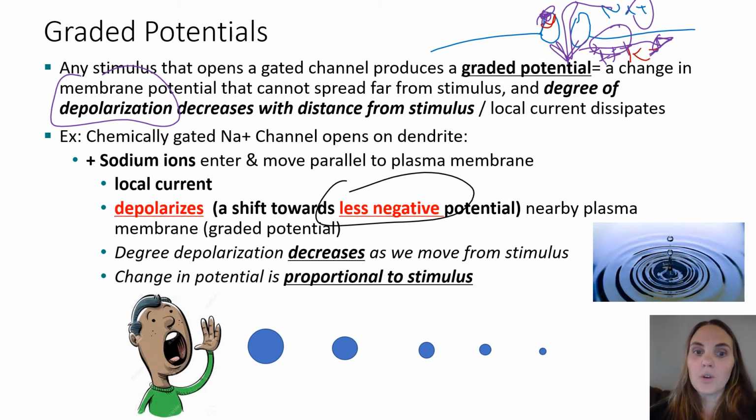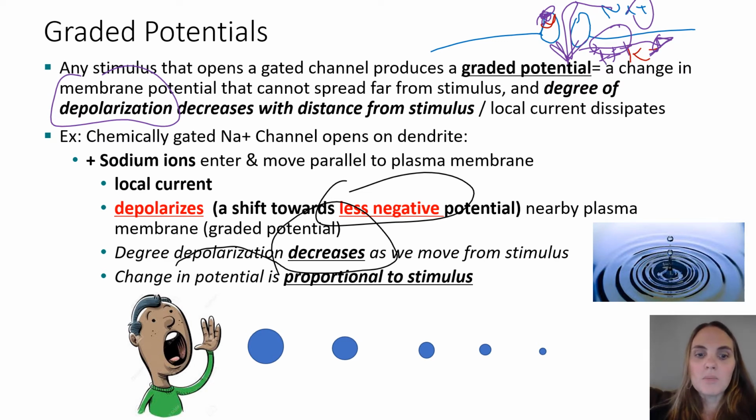And that is our graded potential, that change to a different membrane potential locally at the membrane right around where the stimulus occurred. With these graded potentials, the degree of change, in this example a depolarization, is going to decrease as we move away from the stimulus.